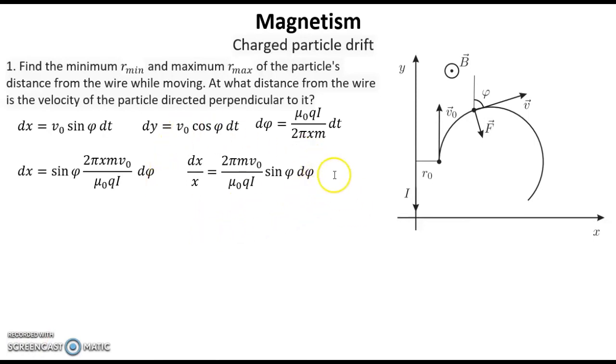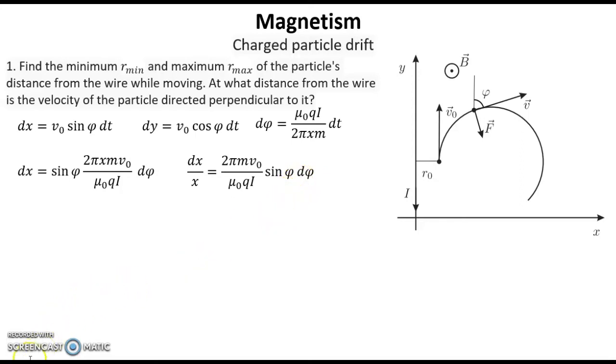Now we can do the integral for both parts, and we see that the limits of integration are the current x position and the initial r0 on the left, and on the right the initial position is angle phi equals 0, and the final is just the current angle phi.